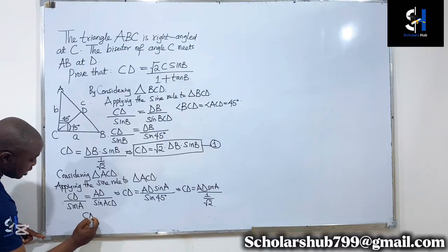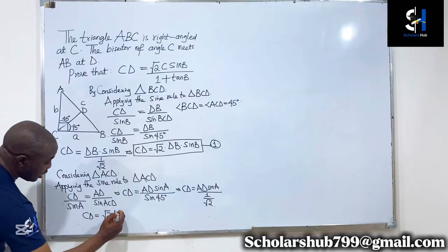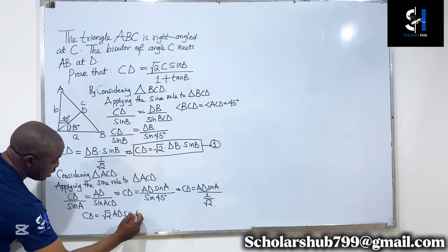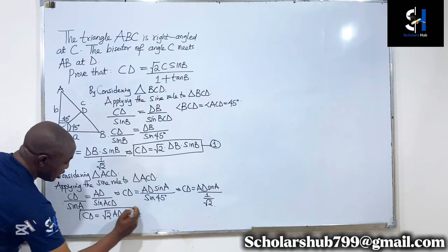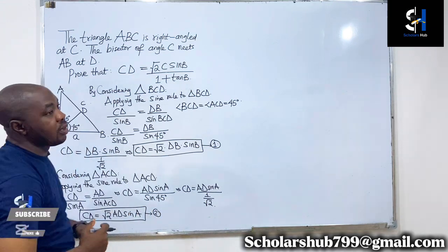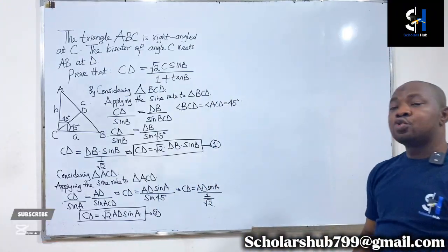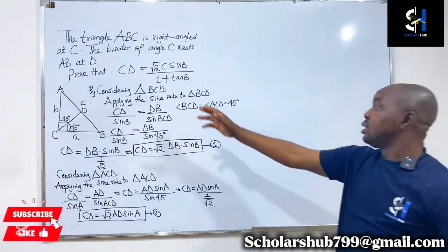So CD will equal root 2 times AD sine A. And this is equation 2.